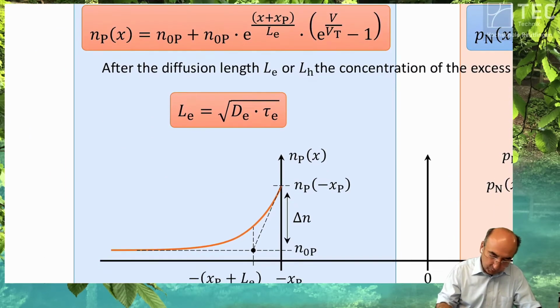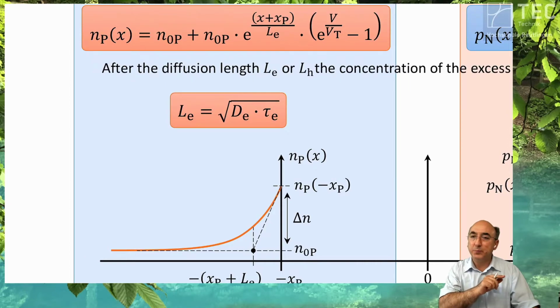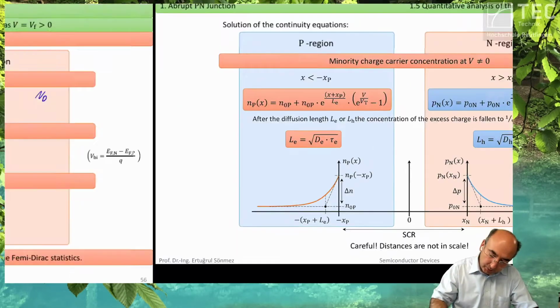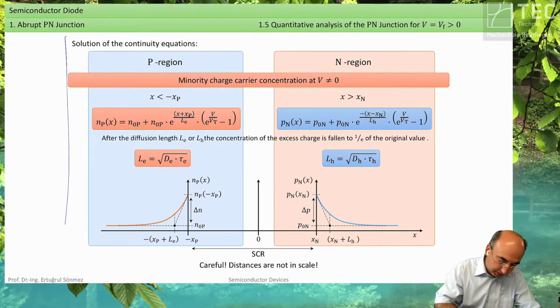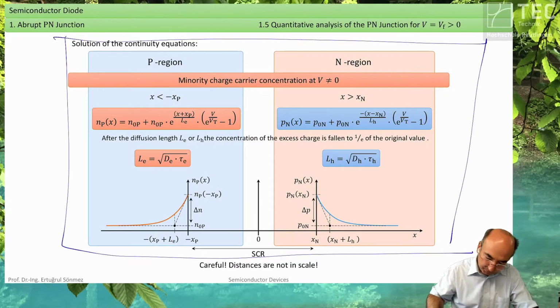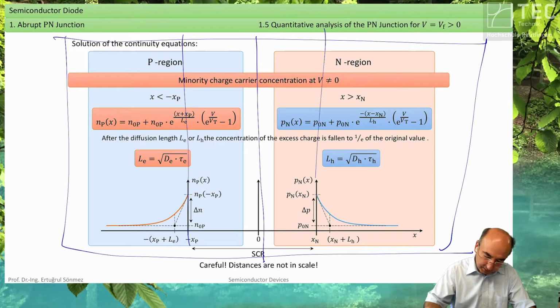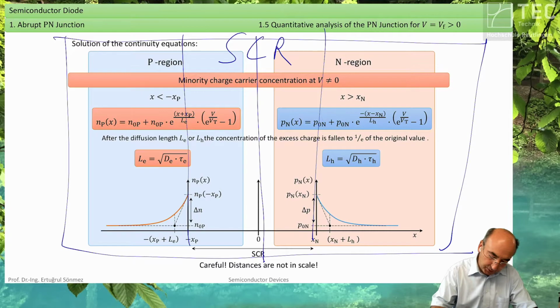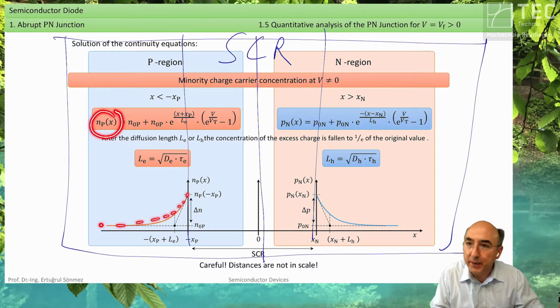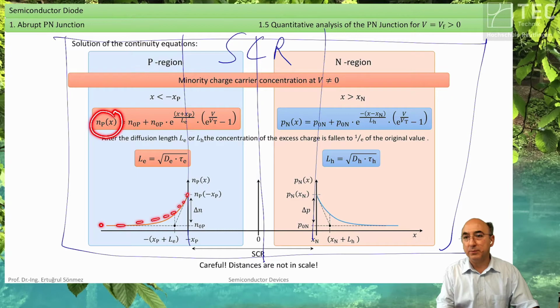So what do we know now? We now know if this is the diode and if this is the junction, and if this is the space charge region, then we know at each location the minority carrier concentration.